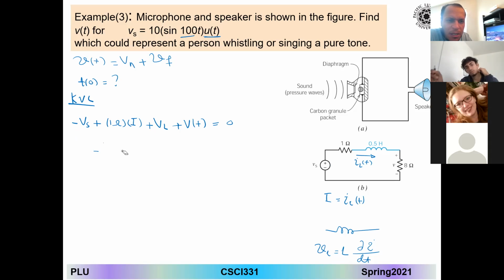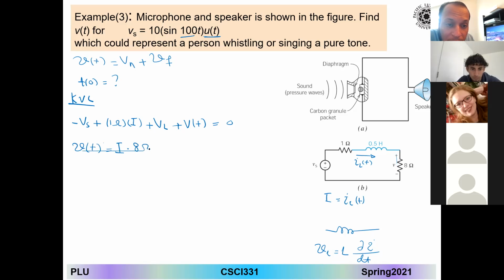Now let's think about it in a different way. Let's write down the voltage equations. We know the V of t here equals IL, or I, let's stick with one form, I times 8 ohm. Am I right?